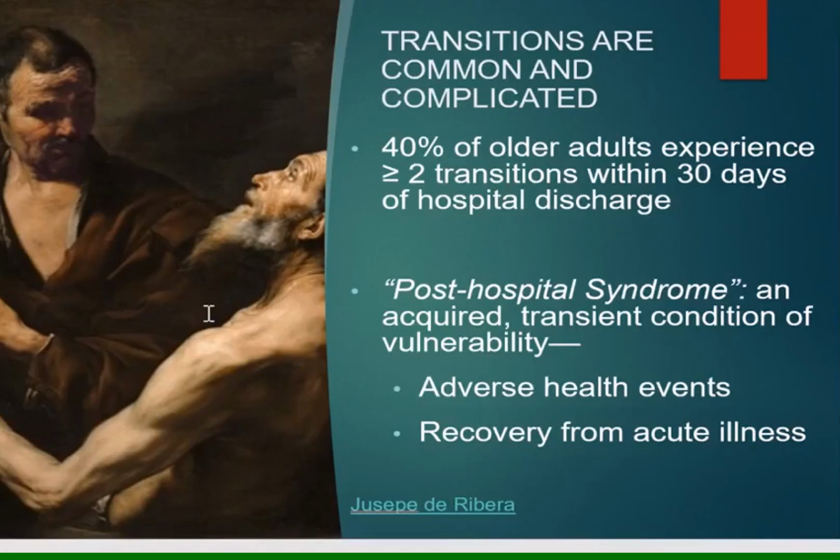There's what some folks call post-hospital syndrome, which is an acquired and hopefully transient condition of vulnerability. This is associated with multiple health adversities, and it's all during this process of acute illness recovery, which has different trajectories for different folks.